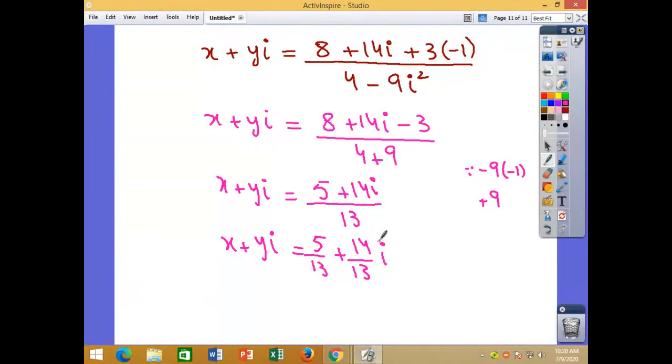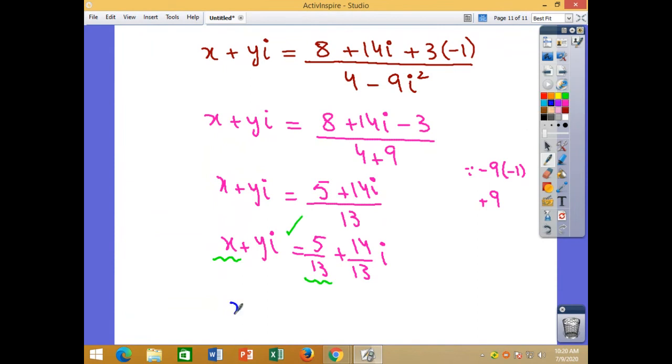On the left hand side, the real part is x. On the right hand side, the real part is 5 by 13. In the given statement, these two complex numbers are equal to each other, which means that the real part is equal to the real part and the imaginary part is equal to the imaginary part.